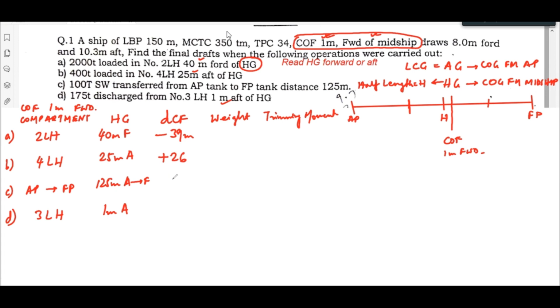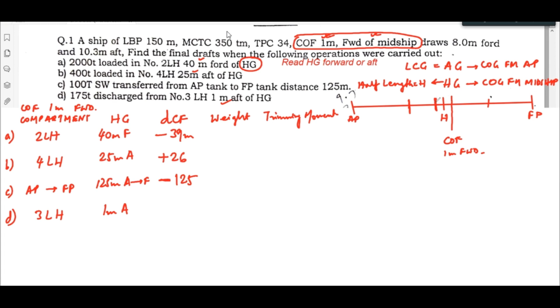What is it going to be? Same, right. Minus 125. Yeah, because it is in the which direction? We have to check which direction. So we will put that sign here. Forward direction matlab minus sign and 125. And 1 meter aft. So the other one is here. So what will be the result? +1.